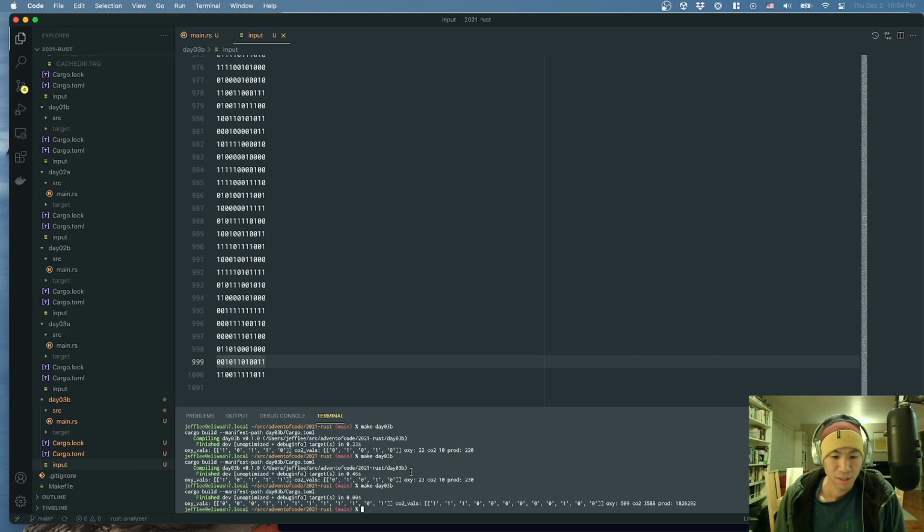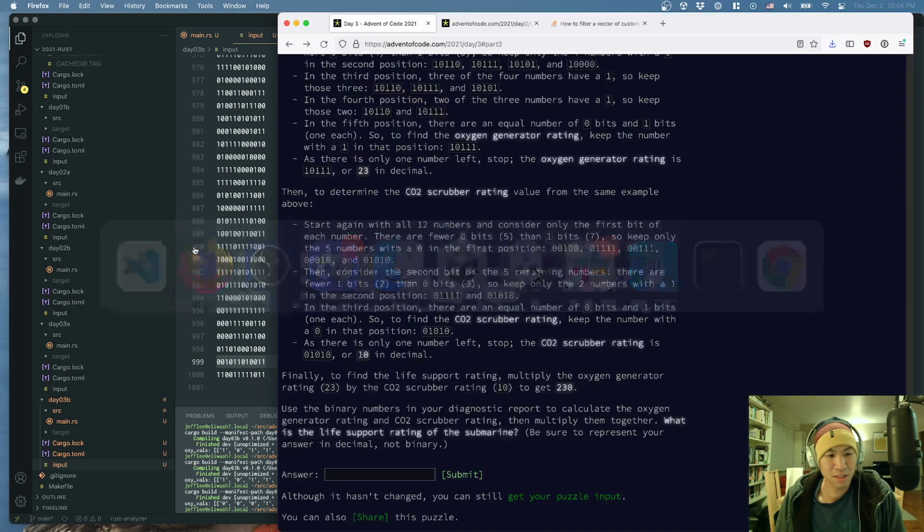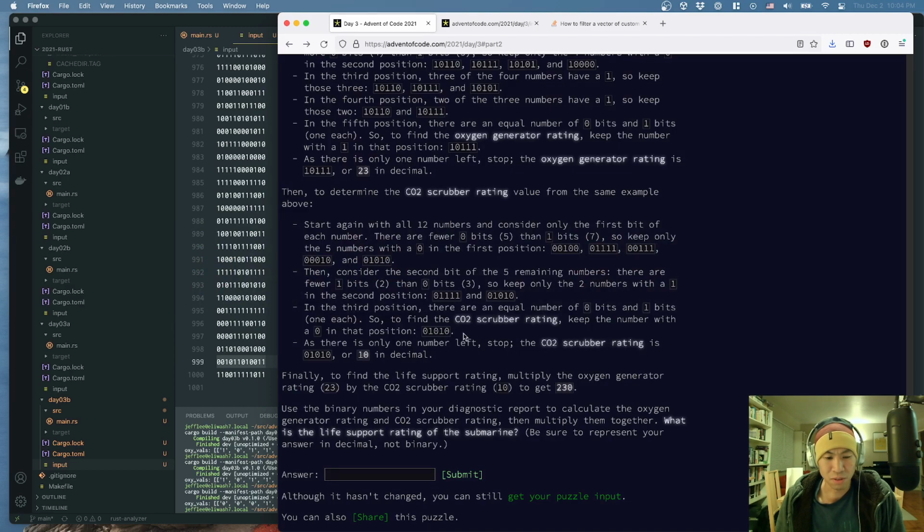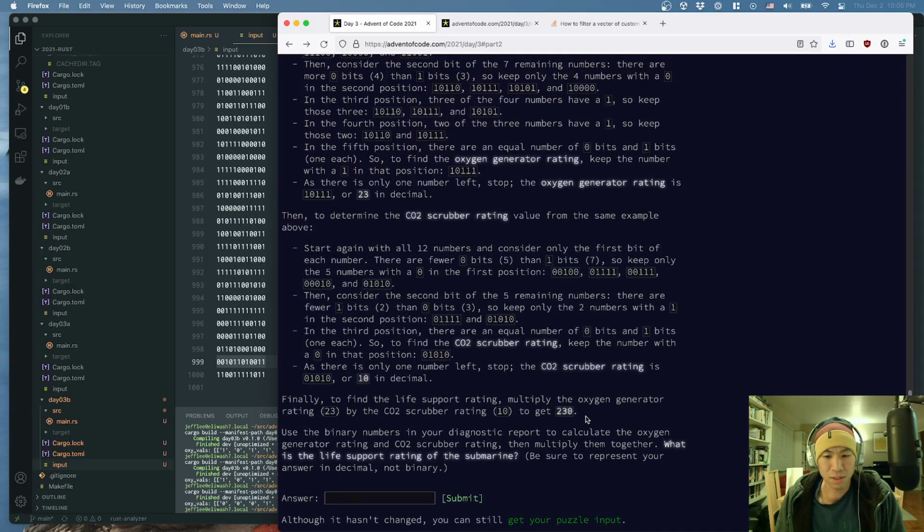All right. This is the fun situation where the sample input works, but my actual input doesn't, which means I am not accounting for an edge case correctly.